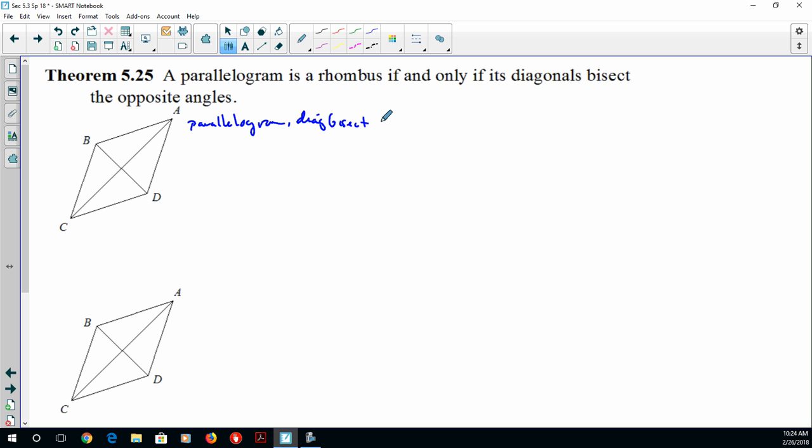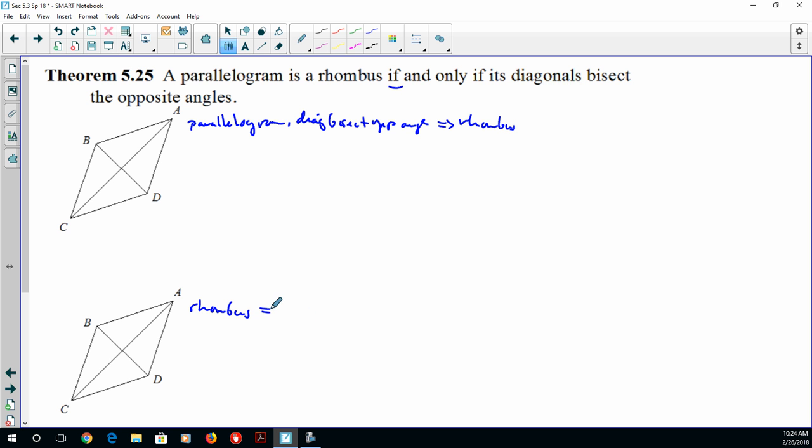I'm going to do this here. So if its diagonals bisect, then you've got a rhombus. And the other direction is if your parallelogram is a rhombus then diagonals bisect opposite angles.